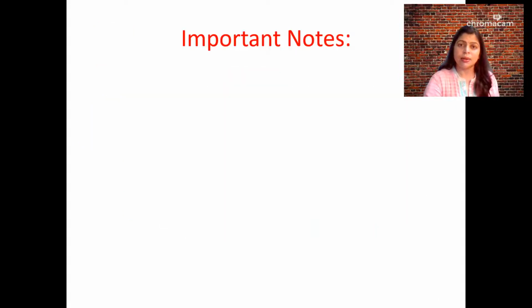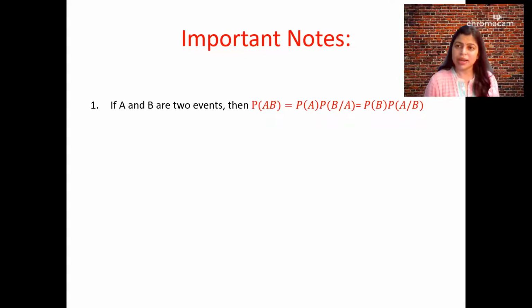Now let me summarize the main points we have to memorize whenever we are solving problems related to probability. The first concept: if A and B are two events, then the probability of happening A and B simultaneously is equivalent to either this or this.